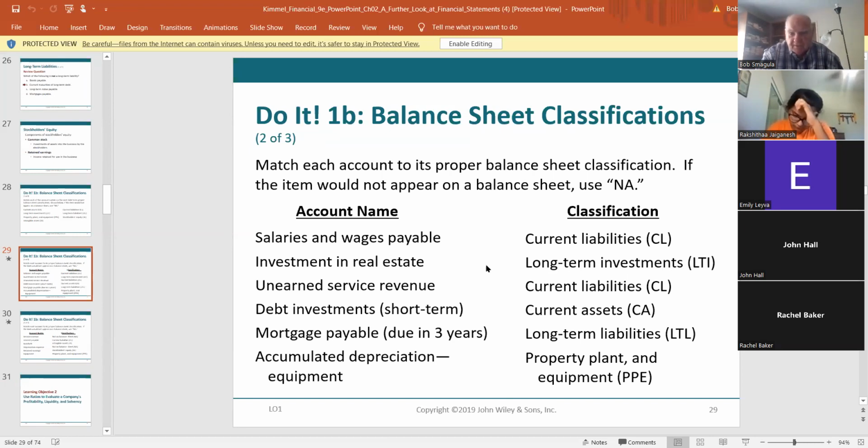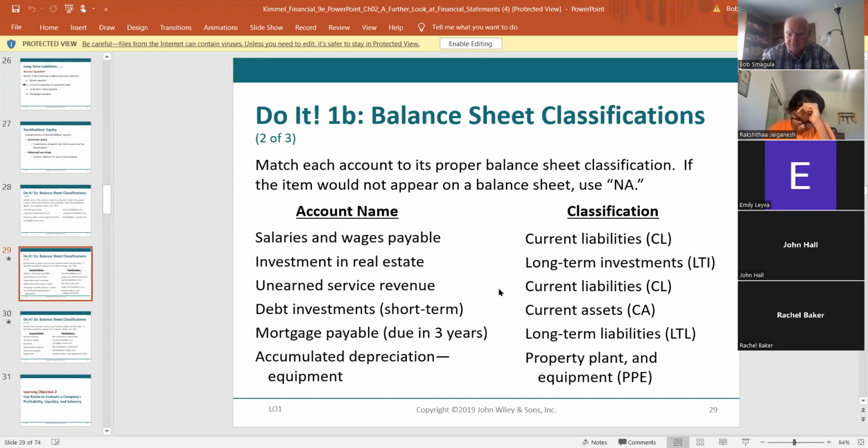Investment in real estate. Real estate is long-term. Unearned service revenue. Let me just tell you what unearned revenue is. That is cash you receive in advance of doing anything for the customer. You go to a lawyer and you say, I want to have you draft my will. The lawyer says, okay, give me $1,000 right now, and I'll get started on it next month.